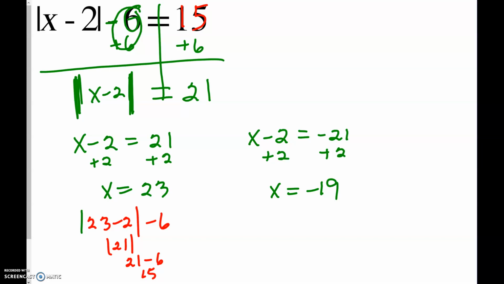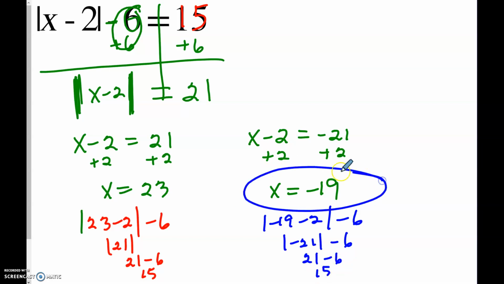So now if we go plug in a negative 19 minus 2 minus 6. Well, negative 19 minus 2, make sure you're minus 2, gives you a negative 21. And the absolute value of a negative 21 is a positive 21, and 21 minus 6 gives you 15. So both check out. Your two answers are negative 19 and a positive 23.